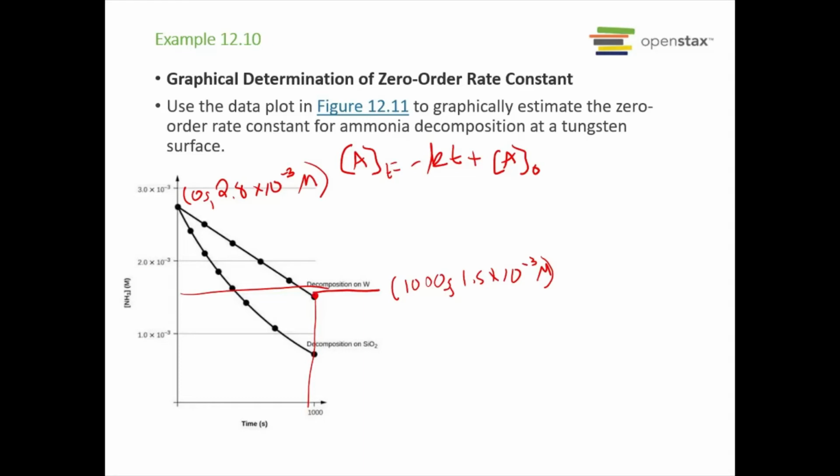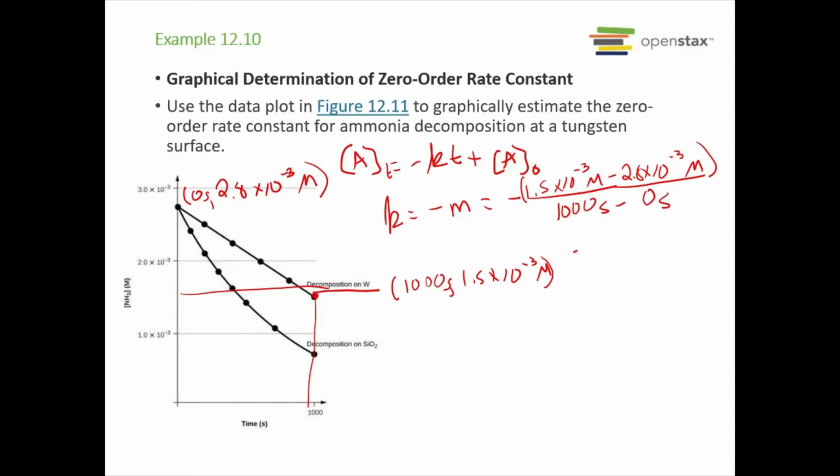Okay, so k is equal to the negative slope, so k equals negative m, which equals negative times change in y, 1.5 times 10 to the negative third molar minus 2.8 times 10 to the negative third molar, divided by 1,000 seconds minus 0 seconds.